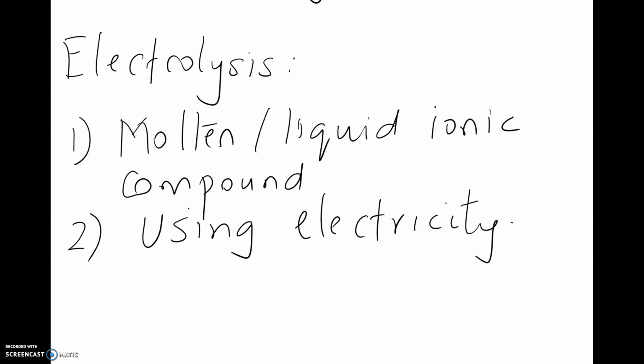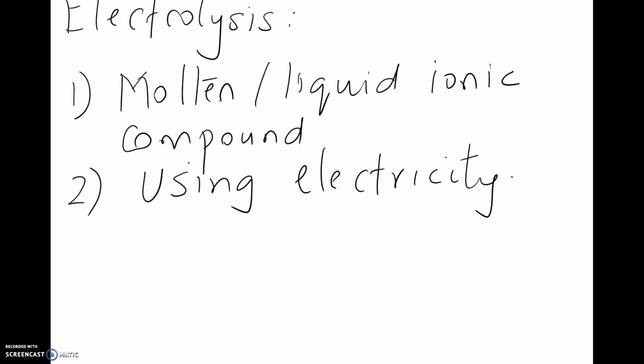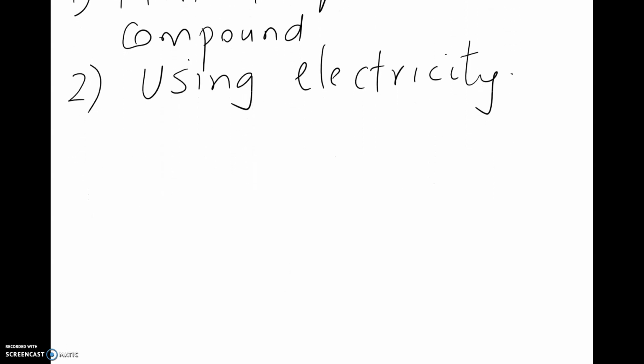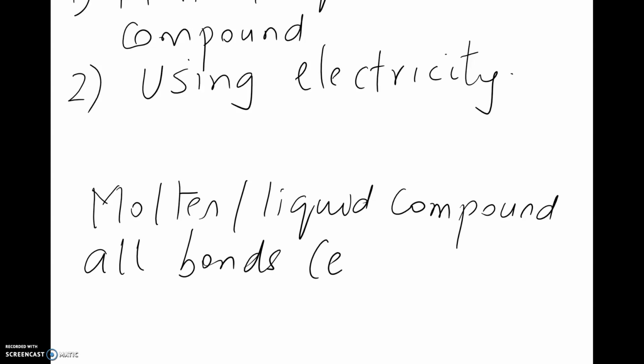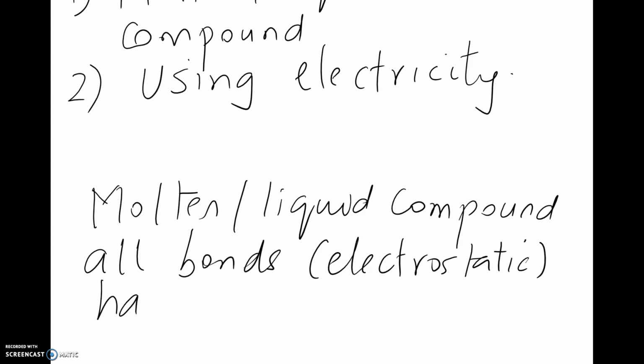So let's look at point number one, molten liquid ionic compound. The word molten means melted. So why ionic liquid compound and why not a solid? If you have a molten or a liquid compound, what happens is all the bonds, the electrostatic bonds, have been broken.